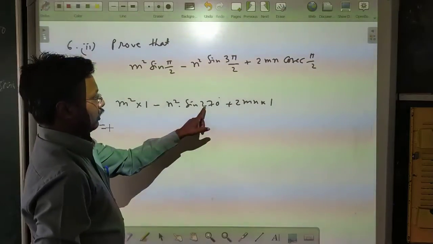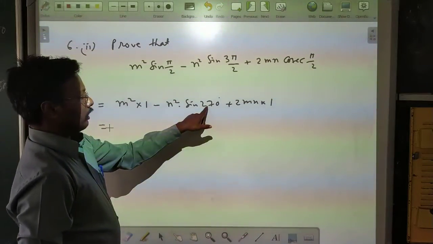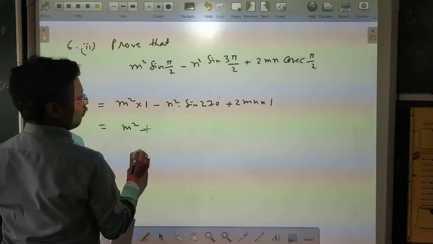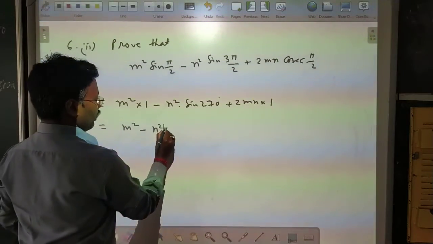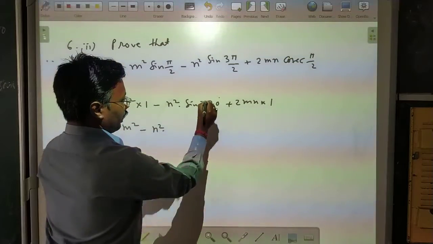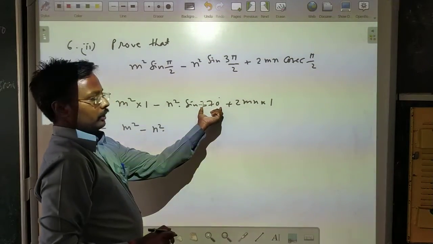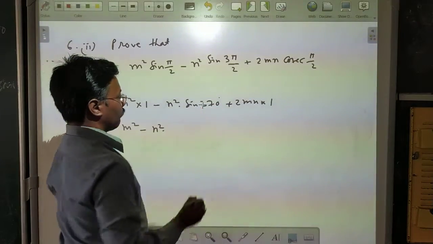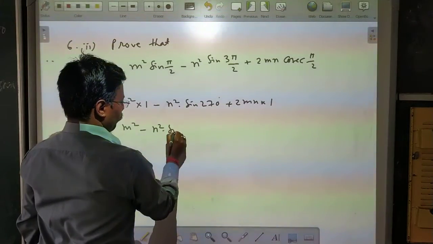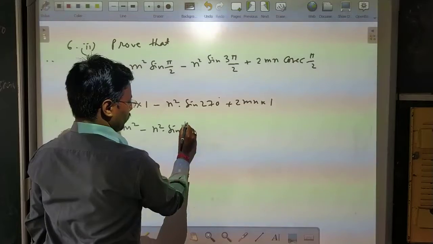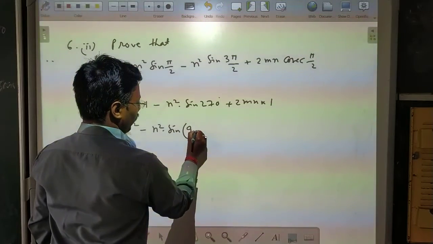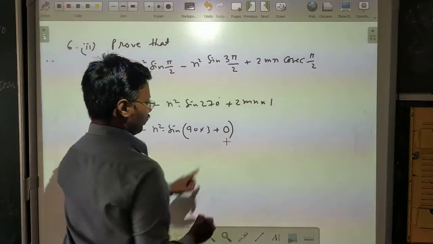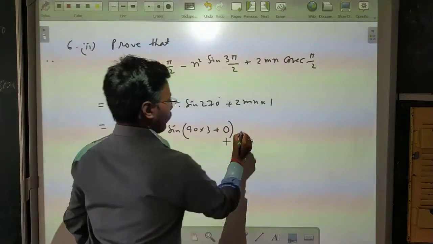So now I want to find this angle, 270 degree. So out here we are getting m square minus n square into sine of this angle, which is greater than 90 degree. So we need to write it in the form of 90 into n plus theta or minus theta. So it can be written as sine 90 into 3 plus 0, or you can write minus 0 also.